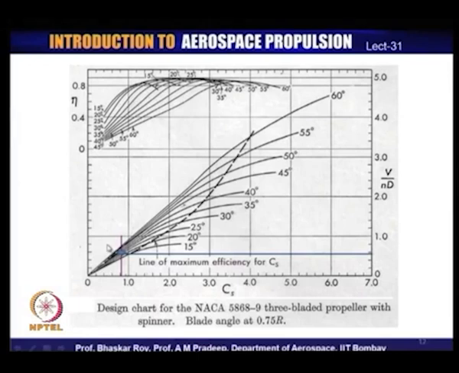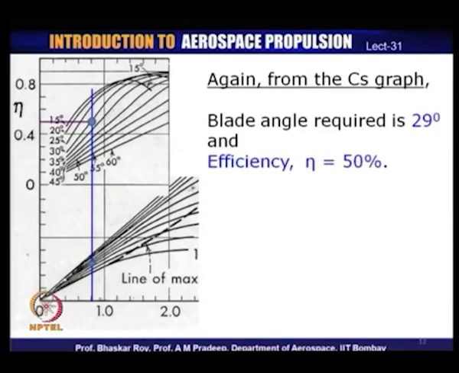This is what you get when you try to find a solution pretty close to the maximum efficiency operating condition of the particular propeller for which the characteristics are available to us. We can conclude the solution by looking at that part of the graph a little more closely.